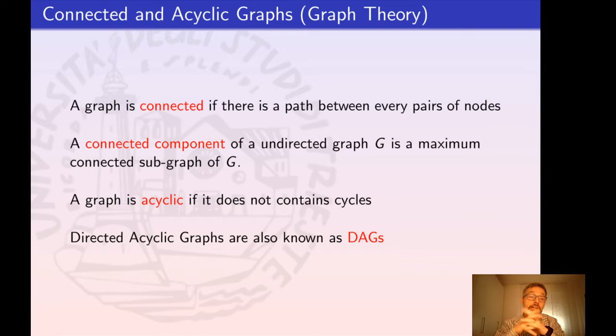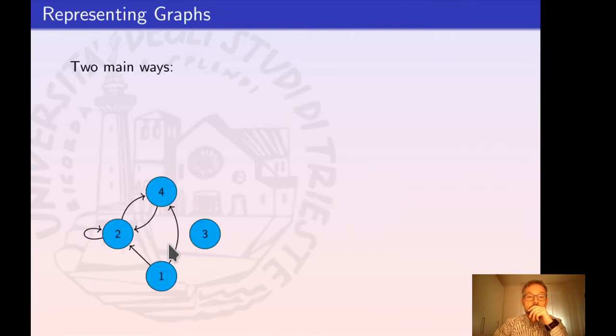So a graph, of course, is cyclic if it contains a cycle, and acyclic if it doesn't contain a cycle. And talking about undirected acyclic graphs, we may define DAGs, which are directed acyclic graphs. Okay, this is it.